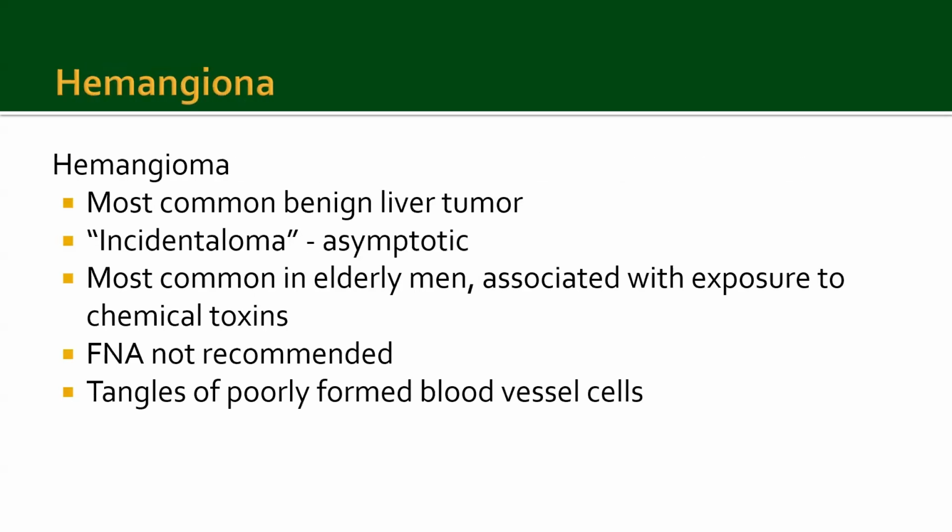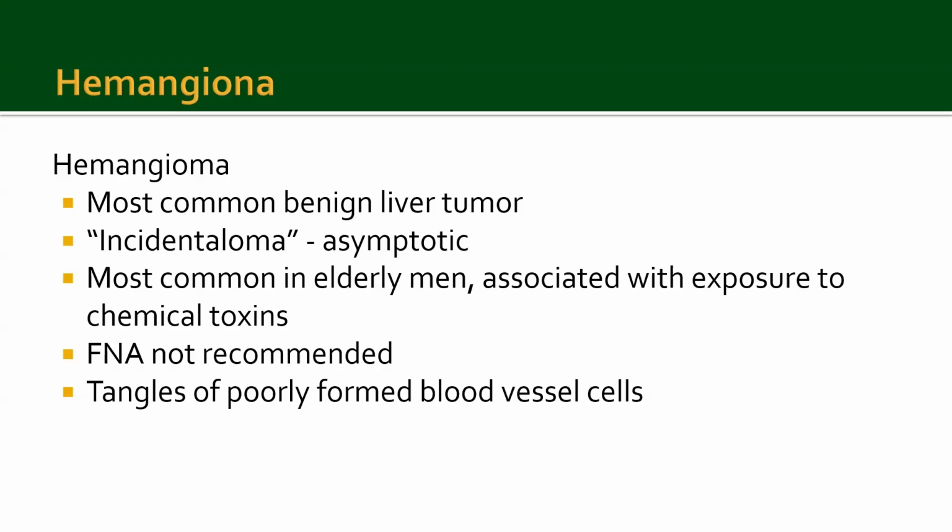Hemangiomas are a really common benign liver tumor that are often cutely named incidentaloma because they're asymptomatic. They are most common in elderly men associated with exposure to chemical toxins. What you would see in an FNA or FNB, which is not necessarily recommended, is smears of ample red blood cells.